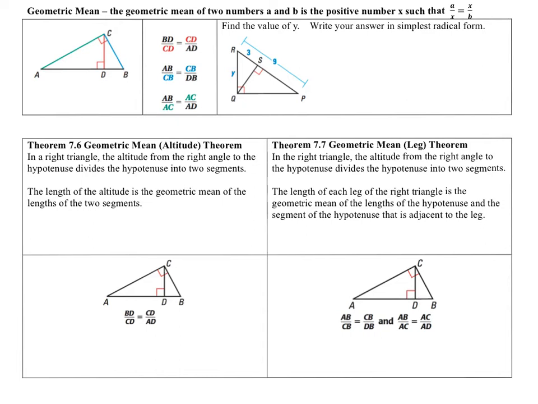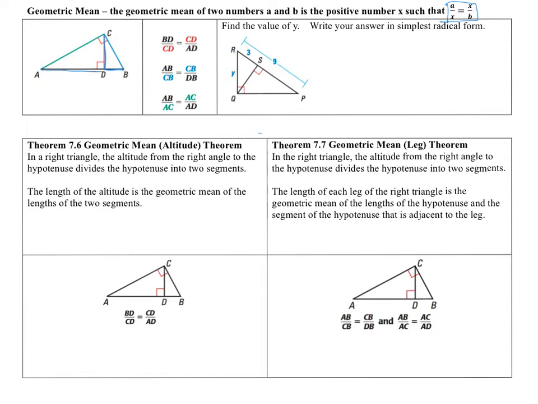Geometric mean. The geometric mean of two numbers a and b is a positive number x such that a to x equals x to b. Well, there's three possibilities here. When CD is the geometric mean, then the proportion will be that BD to CD would equal CD to AD.